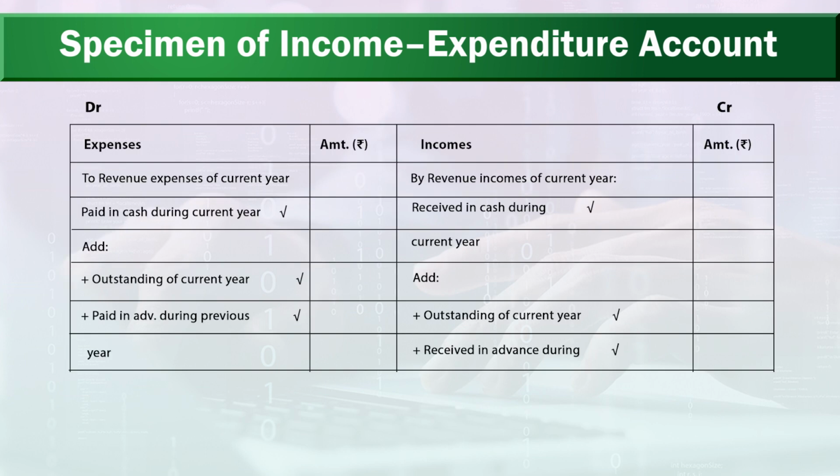On the debit side of the income and expenditure account, the very first item is the revenue expenses of the current year. In it, the first item included is expenses which are paid in cash during the current year. The outstanding revenue expenses of the current year are added. Further, the expenses which were paid in advance during the previous year are also added to it.